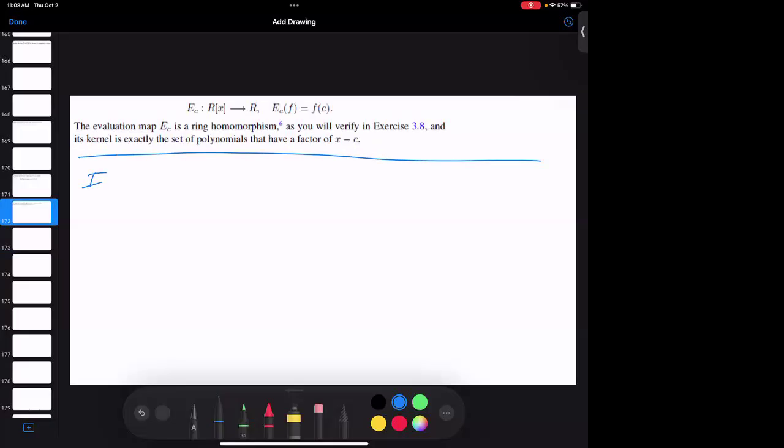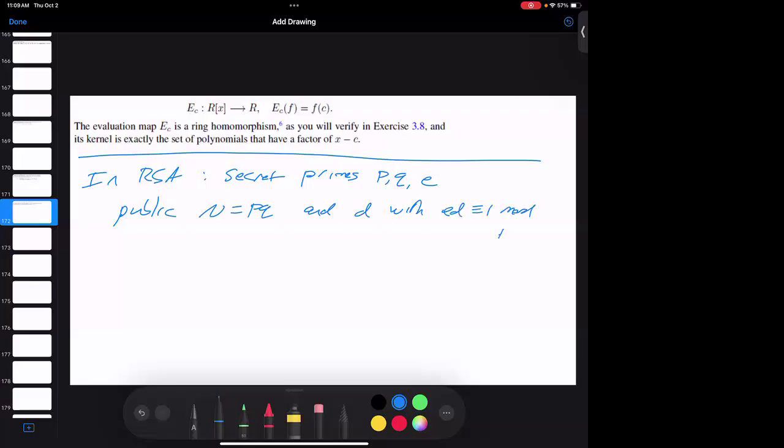In RSA, we kept secret P, Q, and E. We made public N, which was P times Q, and D with E times D congruent to 1 mod (P minus 1)(Q minus 1).